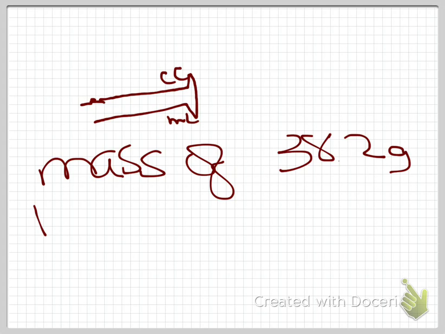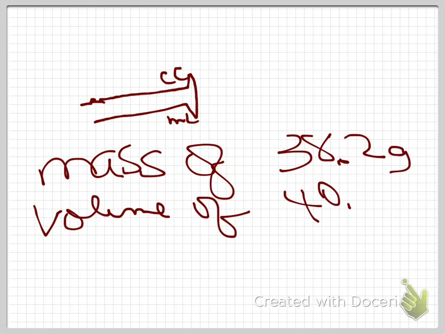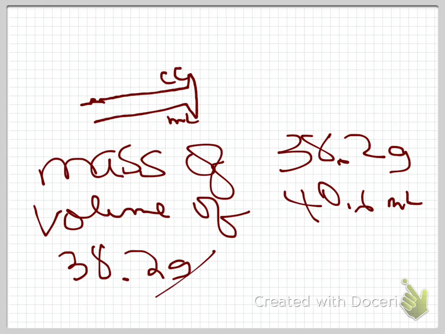That takes up a volume of 40.6 milliliters. What is the density? Then you're going to say 38.2 grams divided by 40.6 milliliters. We can find that density is going to be less than 1.